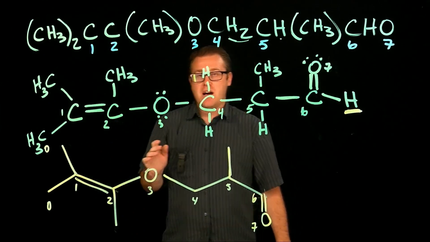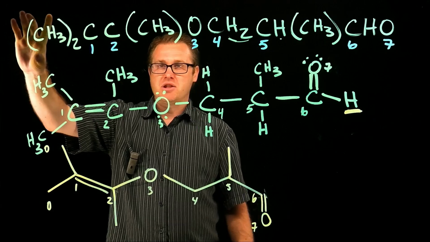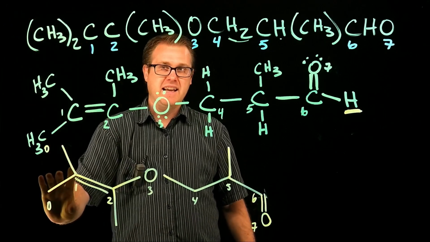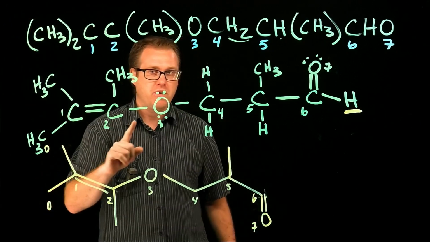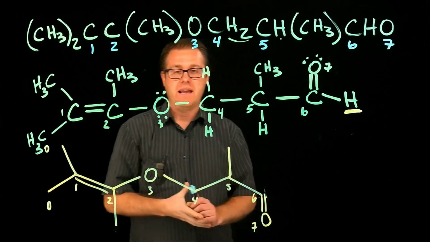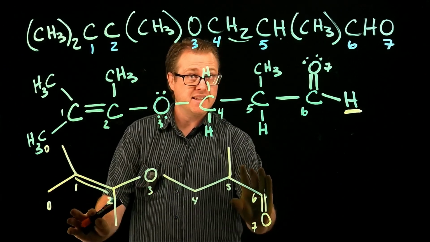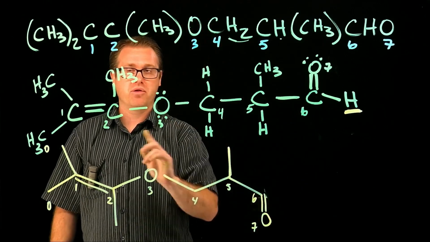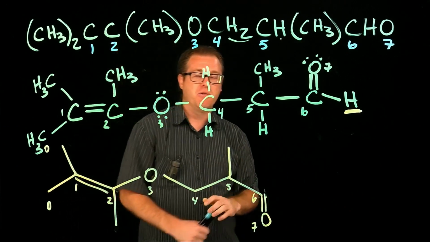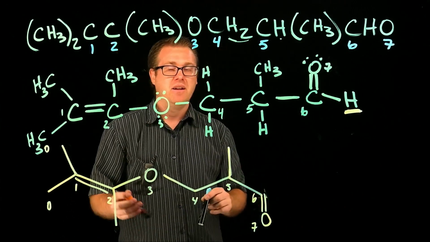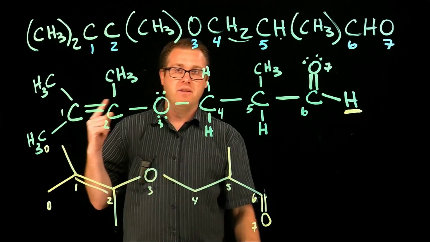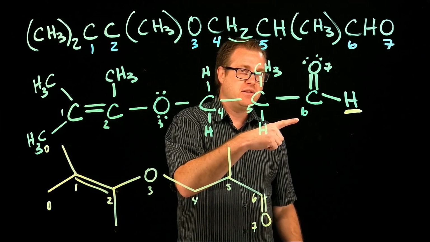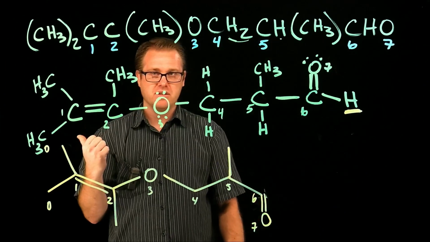So you're going to get a lot of practice going from these condensed structures to the zigzags. But you also have to get good at going from the zigzag to the condensed. You have to do it in both directions. And you will find that in organic chemistry. When you're learning something in the forward direction, also learn it in the reverse.